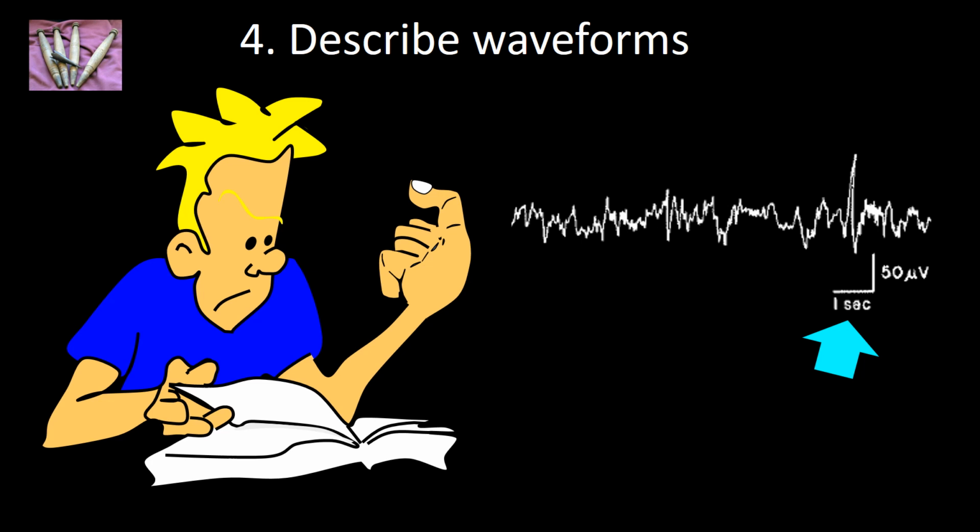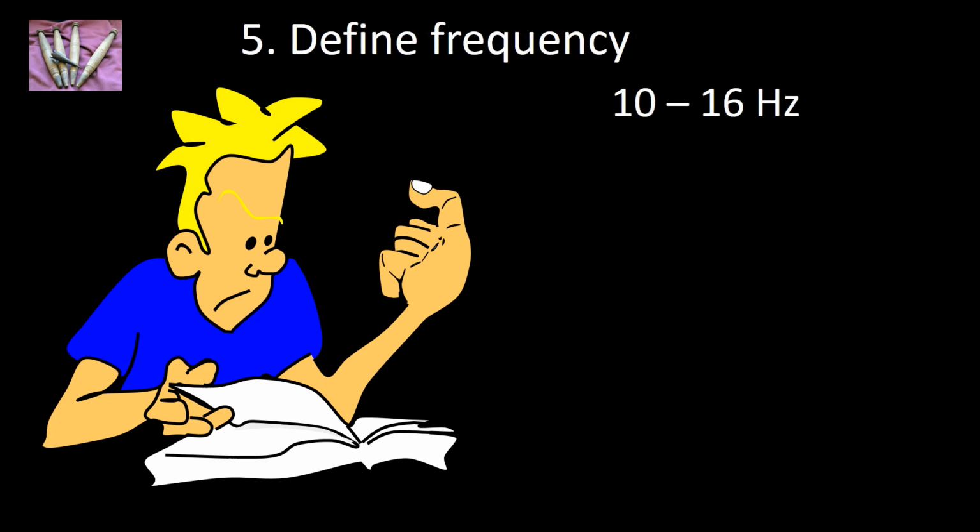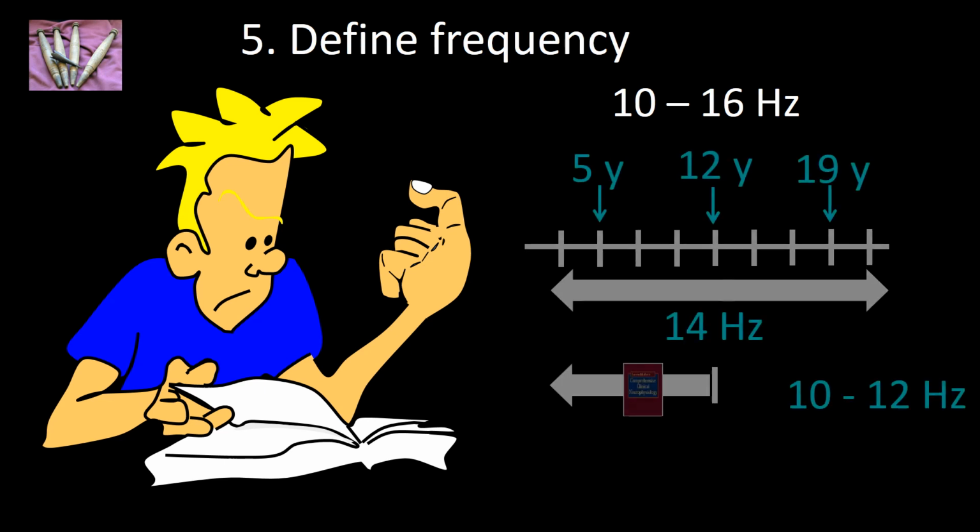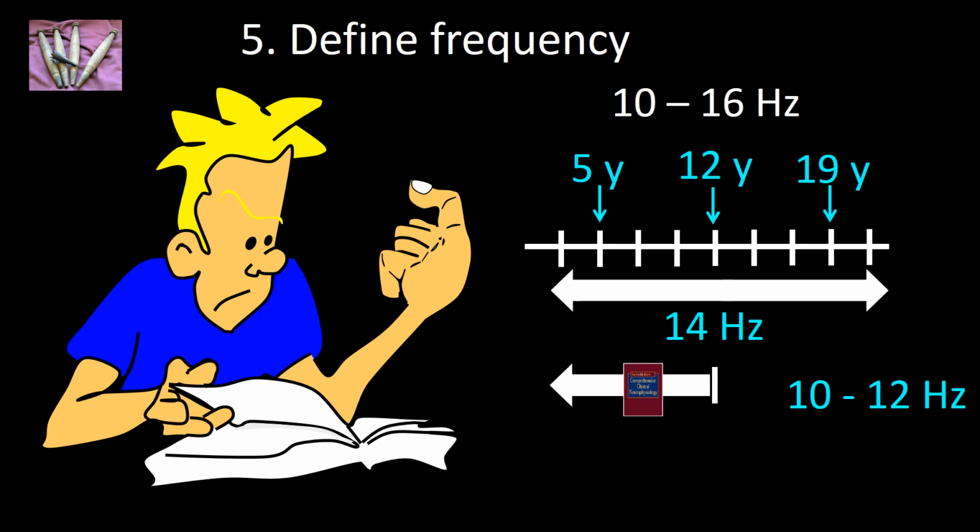With the usual polysomnographic speed, as I had shown you before, they just look like thickened lines or background activity. The frequency of the waves within the spindle ranges from 10 to 16 Hz. Luders mentioned a rate of 10 to 12 before 12 years of age.